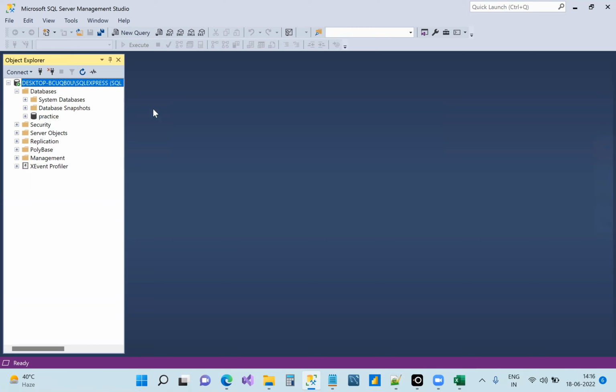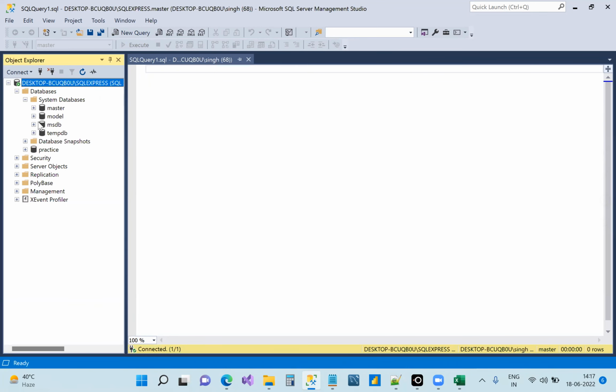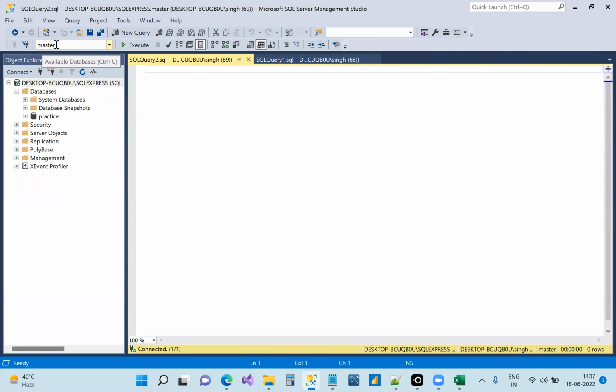Whenever you write any code, like I told you, we work on structured data in SQL, and semi-structured as well. It is stored in organized form in databases, right? So you'll be working on databases. Suppose I have to write a query, I'll go over here, New Query. Right now, see over here, system databases. Can you see there are many databases? You'll have to first select in which database you're working. Right now, I had not selected one and I did New Query, so by default it took the master database, which is a system database.